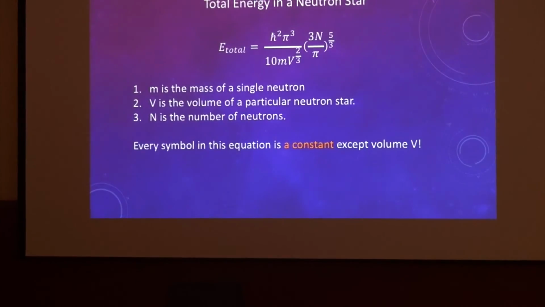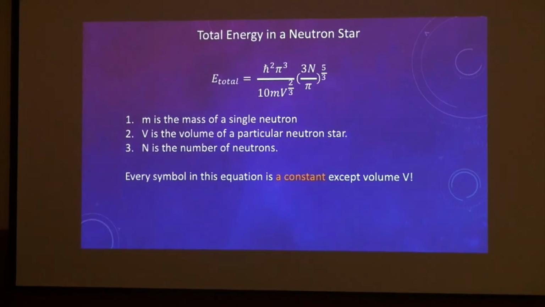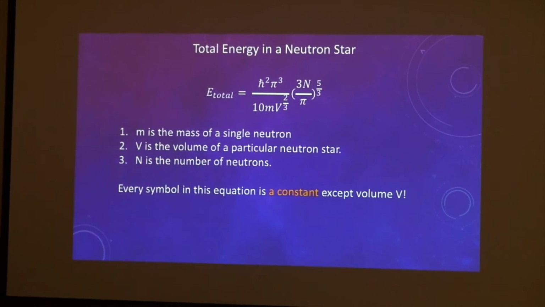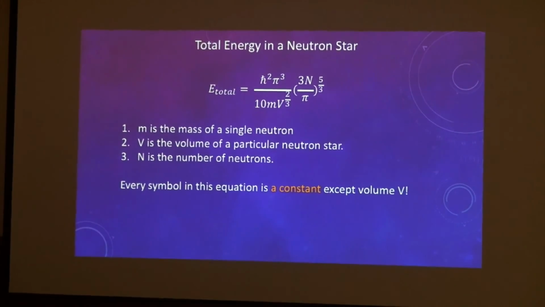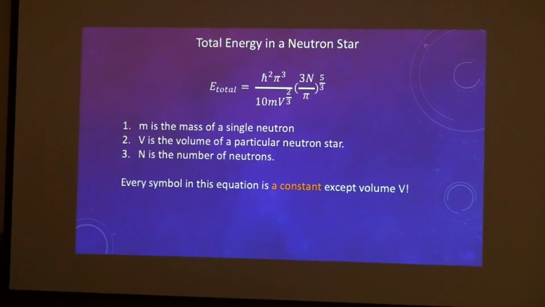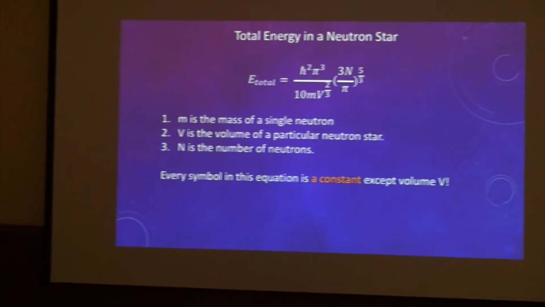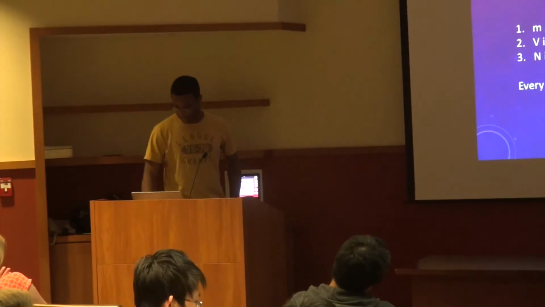So what we find is that the energy in a neutron star is given by this equation, where m is the mass of a single neutron, V is the volume of the neutron star, and n is the number of neutrons. Now, all these things are constants except for volume.